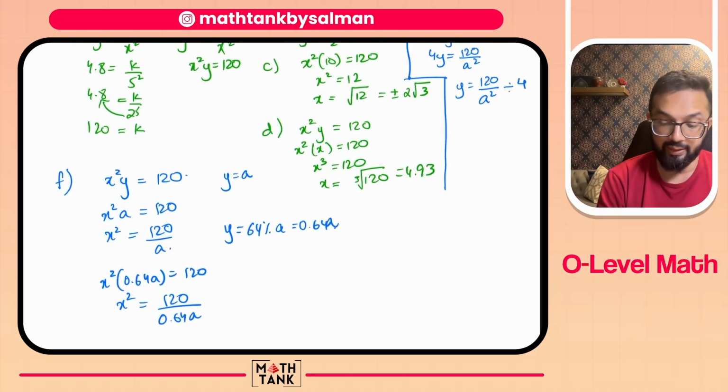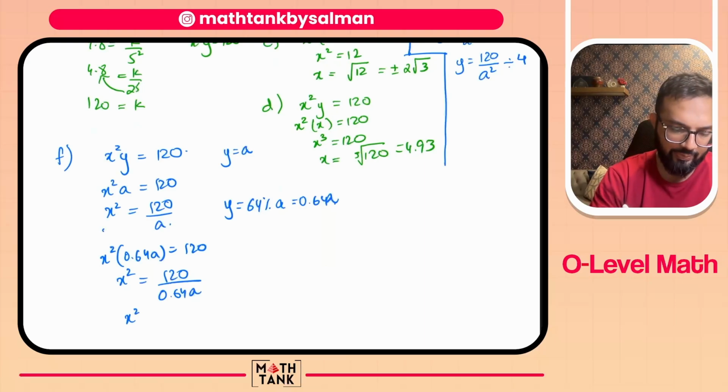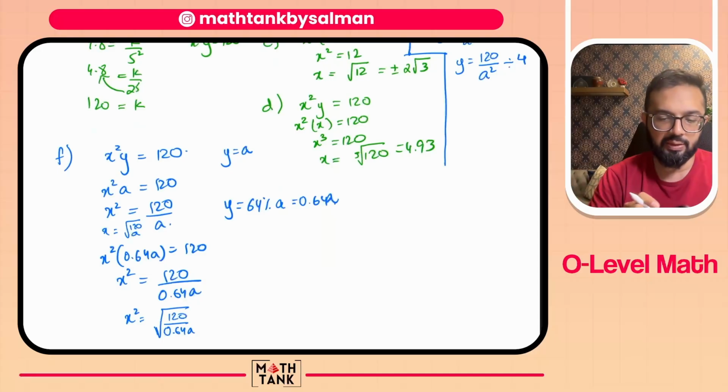So what happens to x? I don't know what happens to x right now. I will have to take a root for that to happen. What's the best way of doing it? So x was previously root of 120 over a. X is now root of 120 over 0.64a. Can I pull this root of 0.64 outside? What is root of 0.64? It's 0.8.